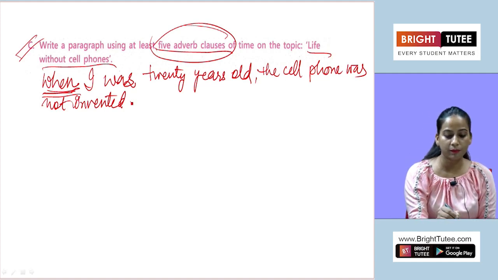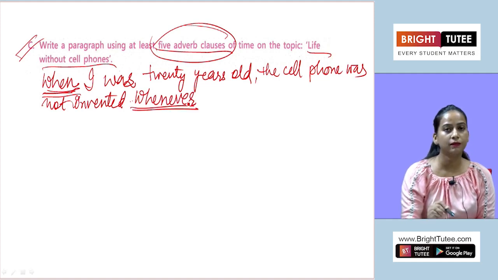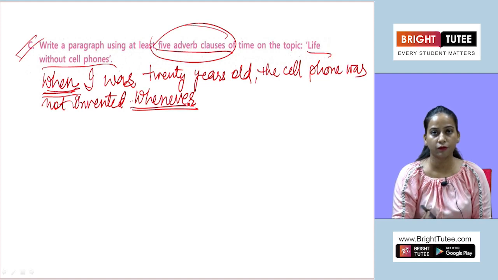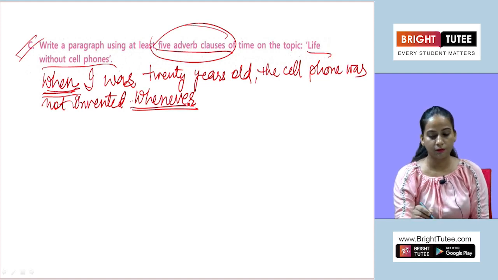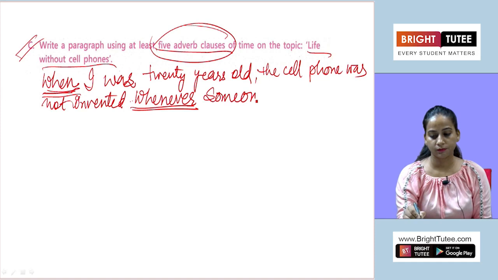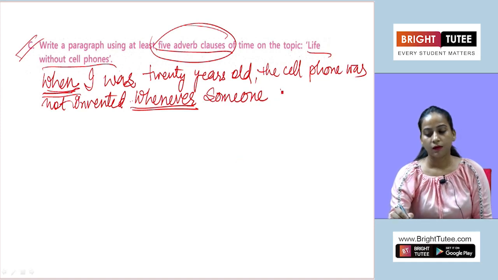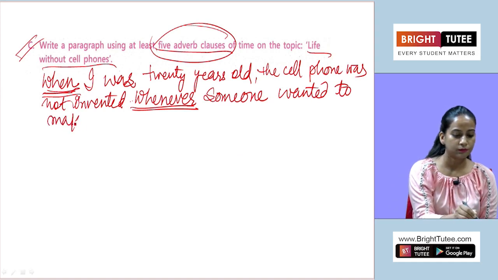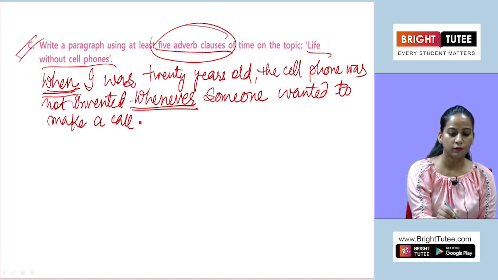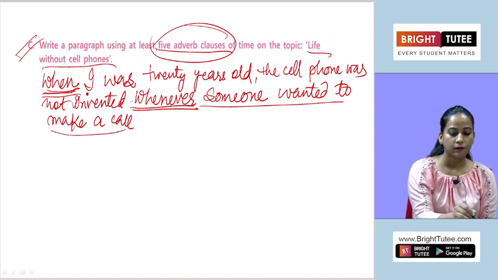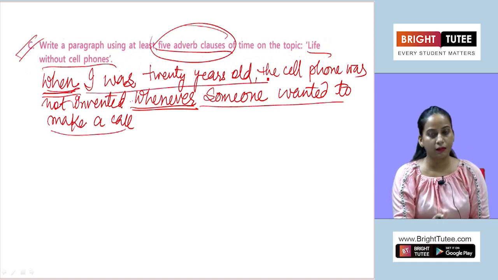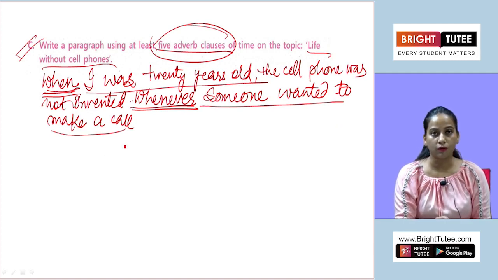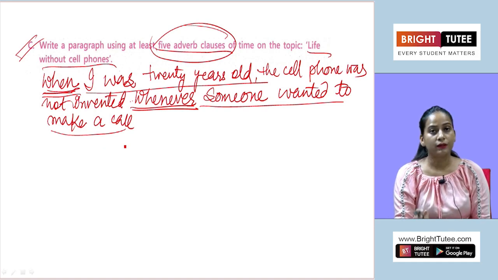Then the second one you are mentioning here is whenever. This is going to be the second adverb clause of time we are using. Whenever someone wanted to make a call, we have to match it with the main clause. Whenever someone wanted to make a call, what did they used to do?